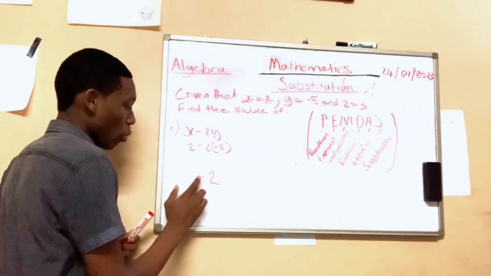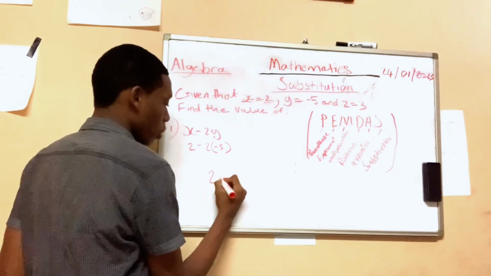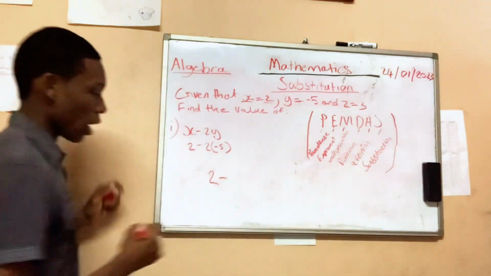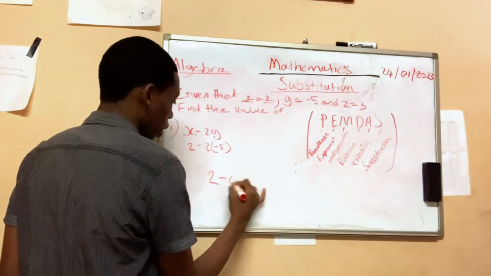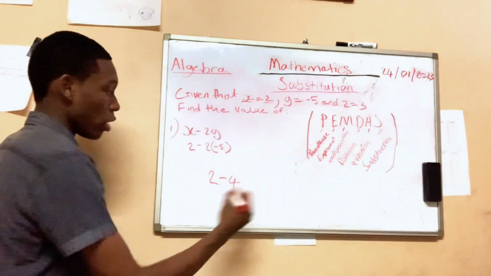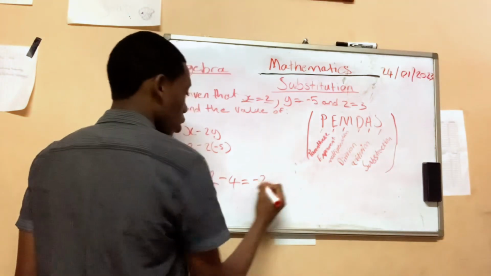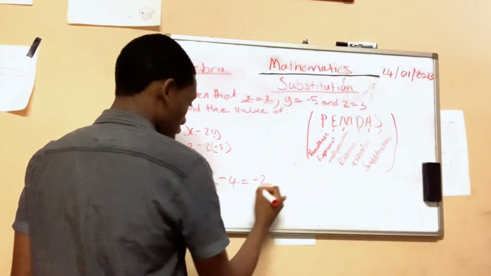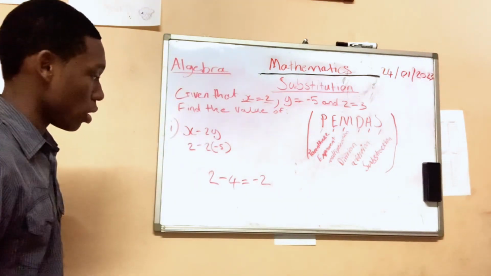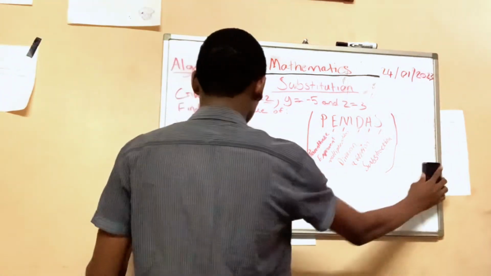But if I have 2 and the negative sign inside, you read it as 2 minus. So 2 minus 4 will give you -2. You owe 4, you pay 2, you still owe 2 back. See, just how easy the method is.